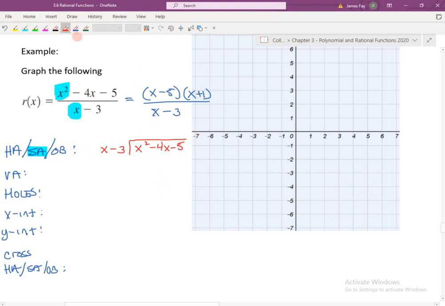Okay? So now the question is, what do I put right here? When I multiply by x, I get x squared. So now I'm going to distribute, and I get x squared minus 3x. I'm a person who likes to multiply by a negative, and then add straight down.